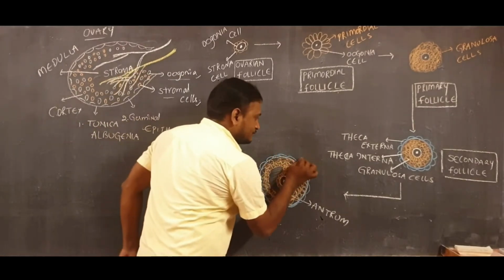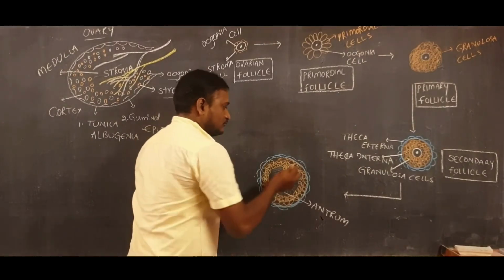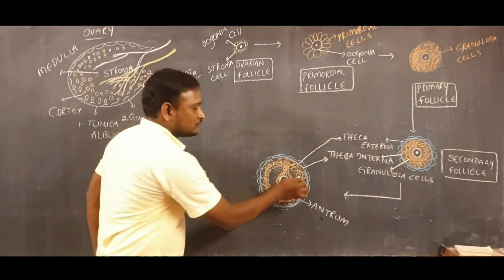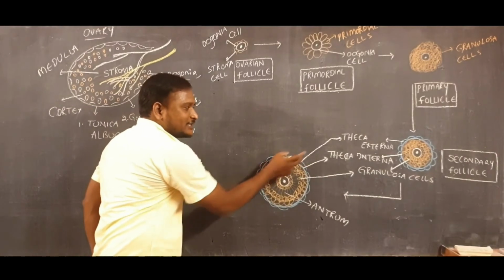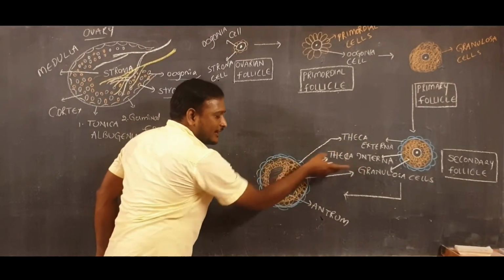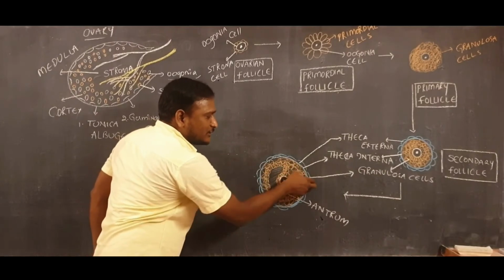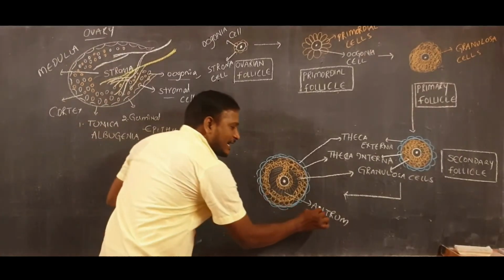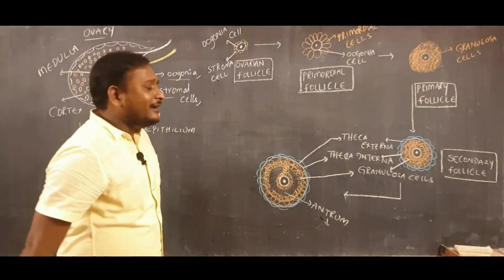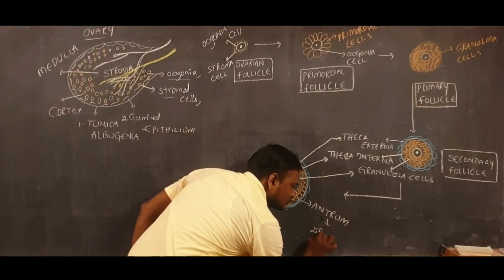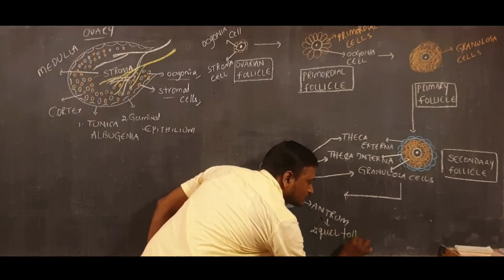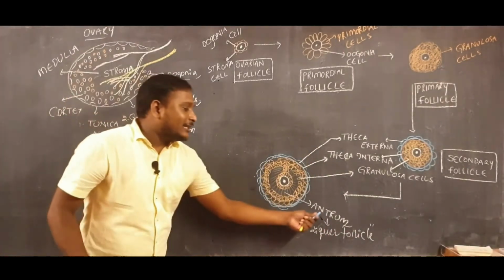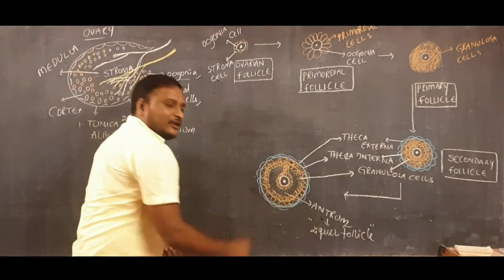So theca interna, so the outer layer is theca externa, the inner layer is theca interna, and on the inner side of the theca interna there are granulosa cells, and within the granulosa cells there is a cavity which is also called antrum, and this antrum is filled with a fluid which is also called liquor folliculi. Antrum is filled with a kind of fluid which is also called liquor folliculi.